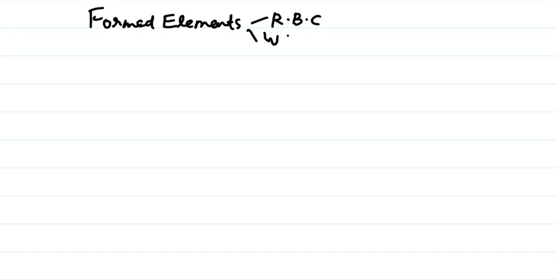Blood consists of plasma and formed elements. The formed elements are RBC, WBC, and platelets.